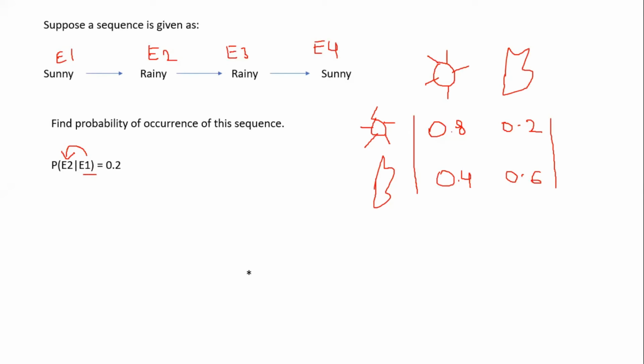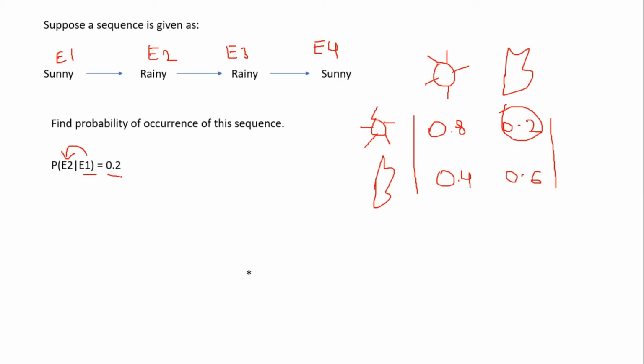Probability of rainy after the sunny. So that means sunny followed by rainy. So what is the probability here? Sunny and rainy, that value is 0.2. So this is nothing but 0.2.